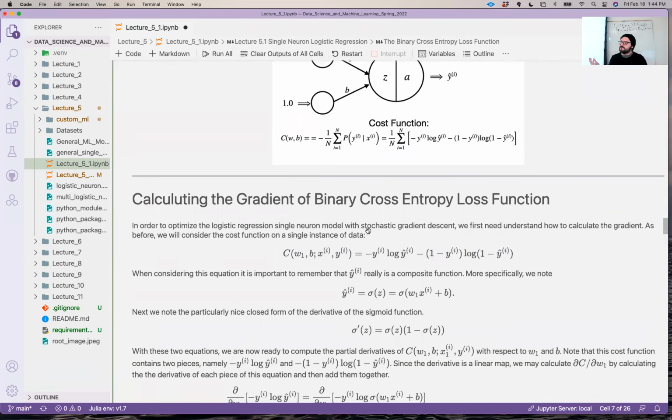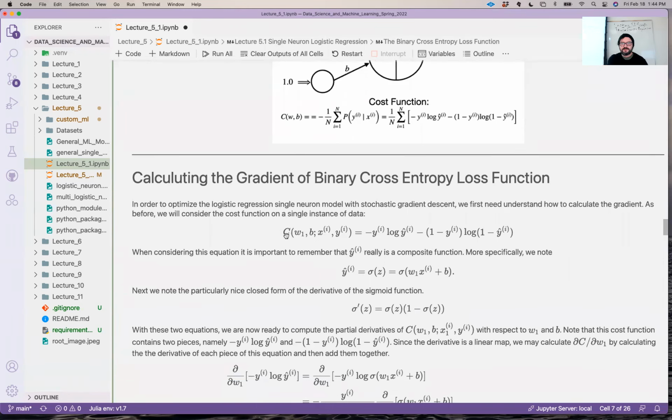All we need to really do is figure out how to calculate the gradient for one single training instance. If we can find the gradient of C with respect to the weights and the biases for that one instance, then we can use stochastic gradient descent and refine, okay? So that's what we're gonna do.